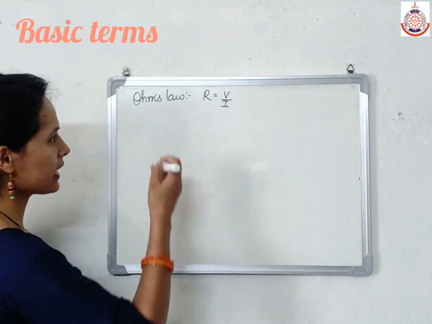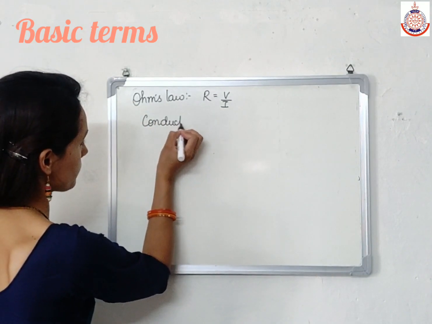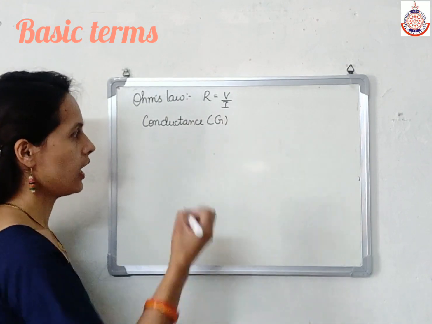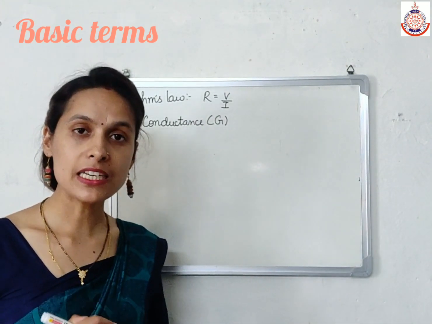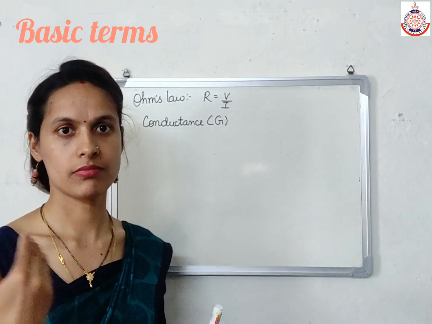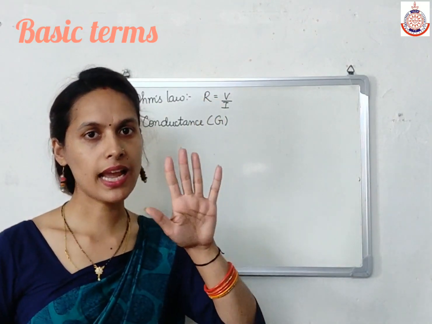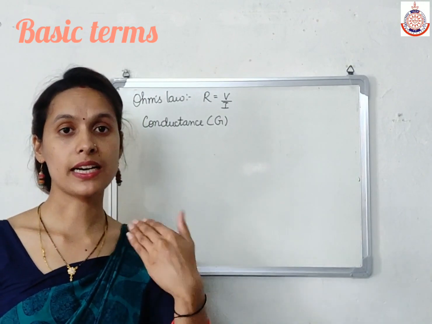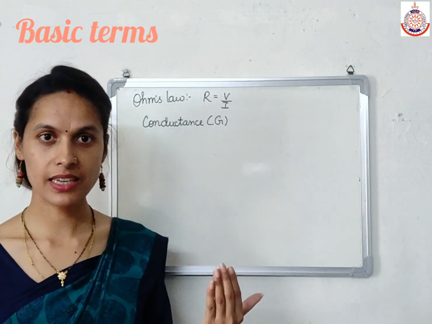Now here we'll introduce a term, that is conductance, which is represented by G. Now what is conductance? Conductance is the ability of the material to pass electricity through it. Means it is the opposite of resistance. Resistance is the ability of the material to stop the current, whereas conductance is the ability of the material to pass the current.